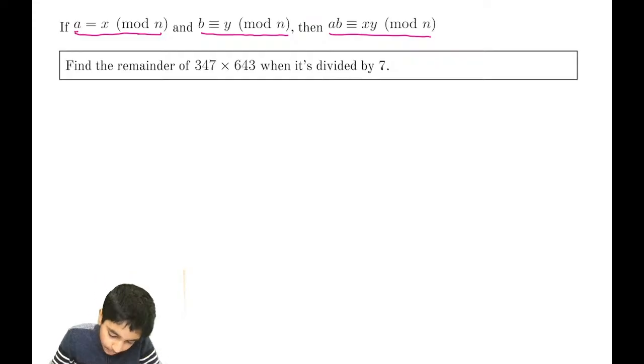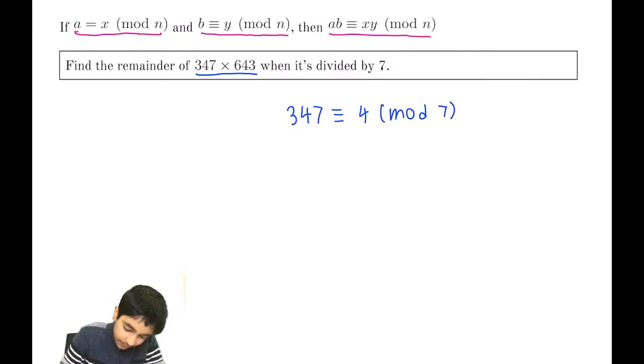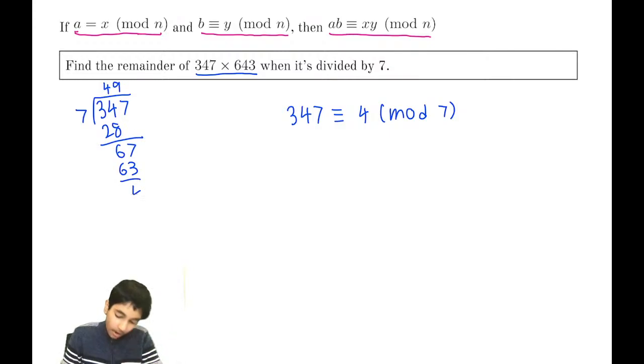Find the remainder when 347 times 643 is divided by 7. The idea here is that 347 is congruent to 4 mod 7, right? Because if you divide it out, we get that it has a remainder of 4.